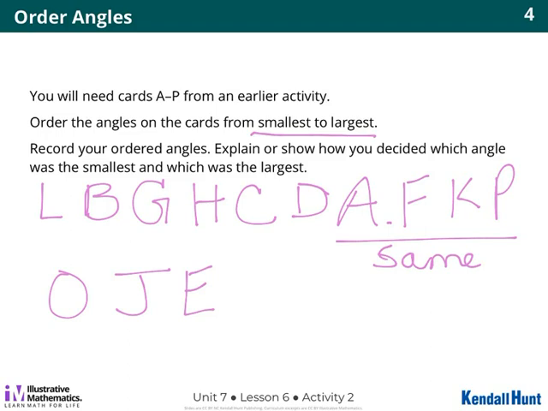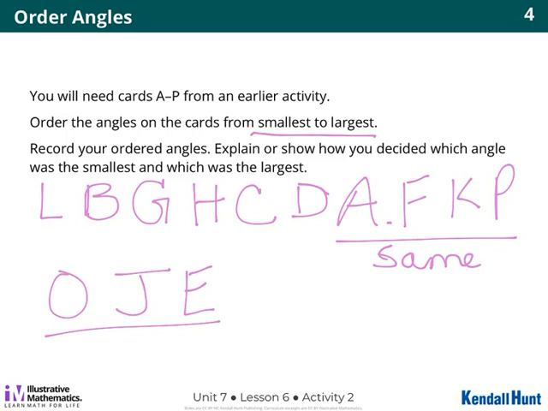I did O, J, E. I'm holding it up. They're the same. So is E. Oh yeah, I got it.